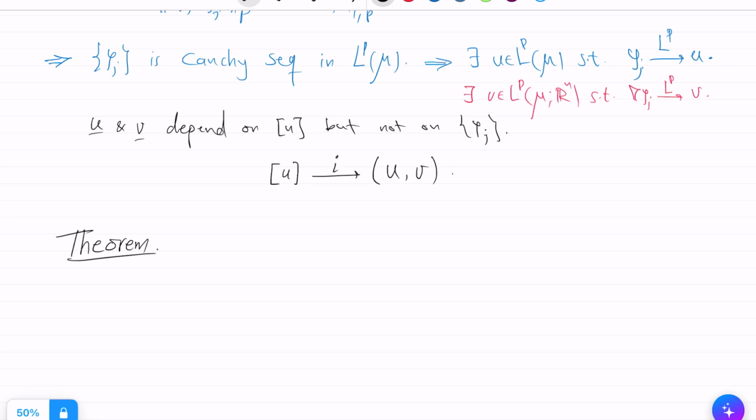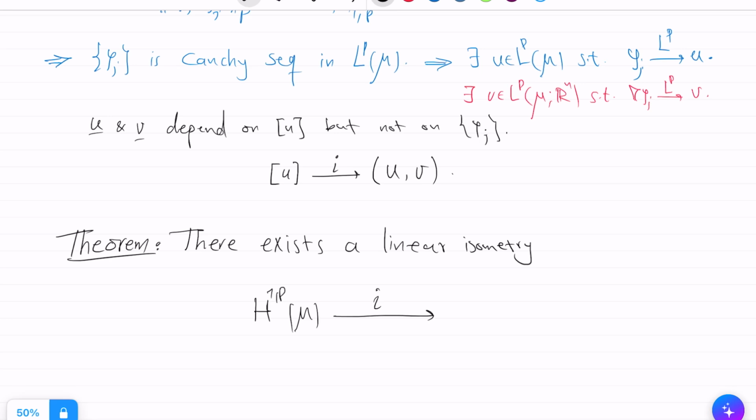Theorem: there exists a linear isometry from H1p of μ into Lp of μ times Lp of μ vector valued, where we equip this side also with the 1p norm.